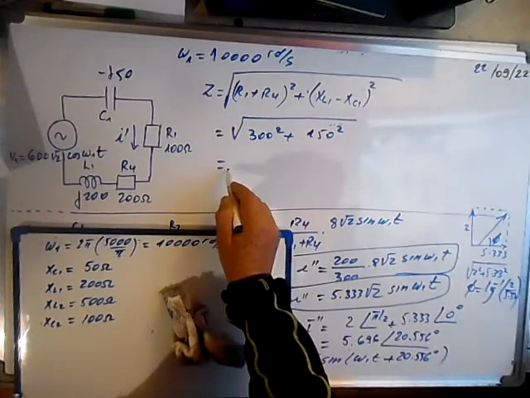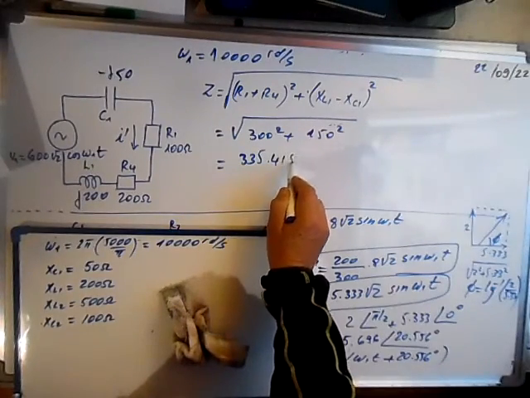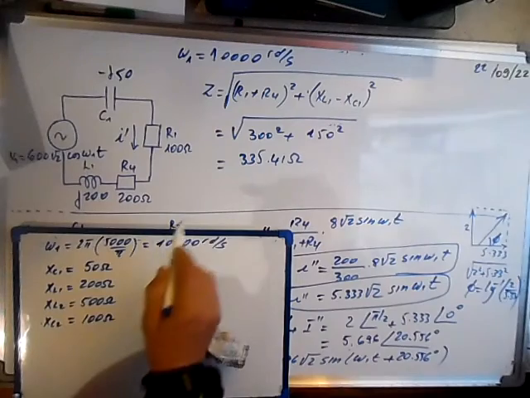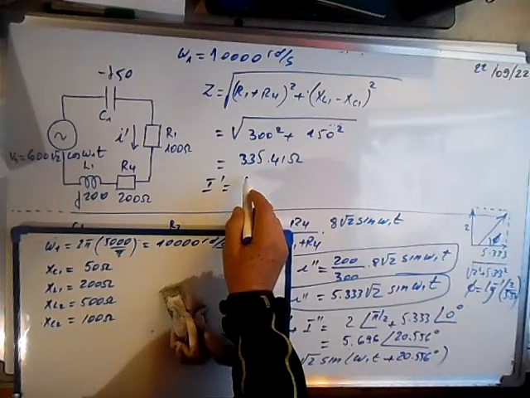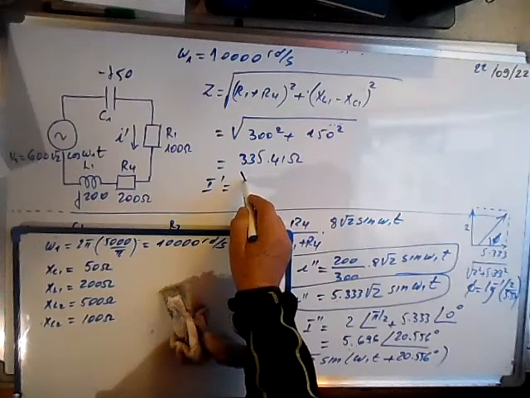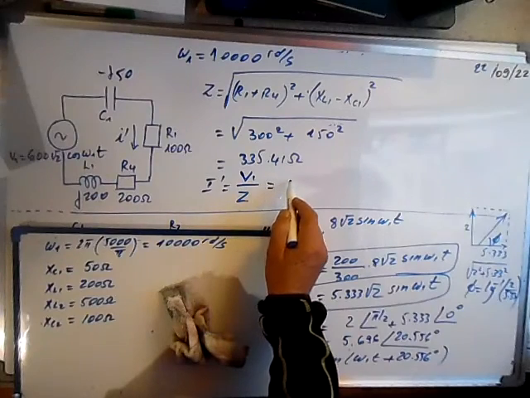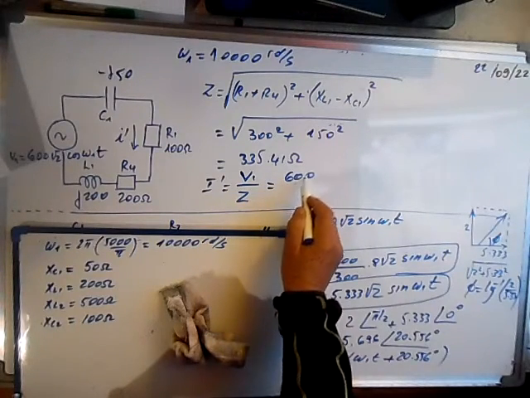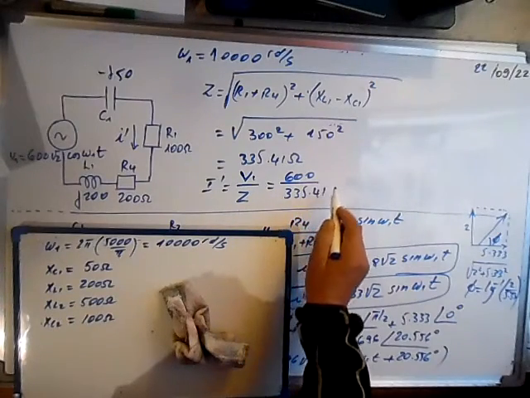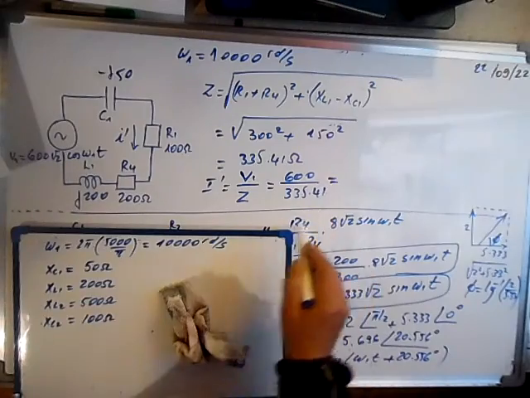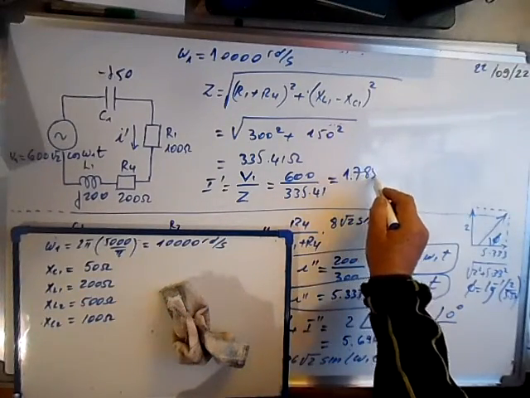That will give us an impedance of 335.41 ohms, and from here we can calculate I prime is equal to V1 over Z. V1 is 600 over 335.41, which is 1.788 amps.